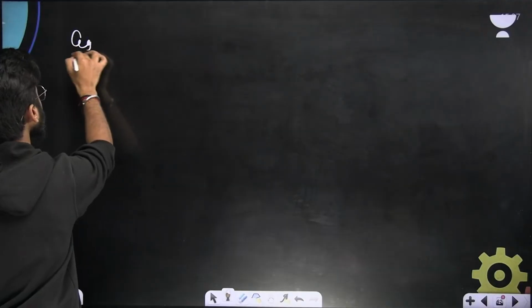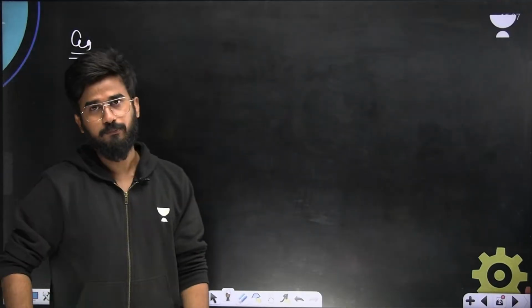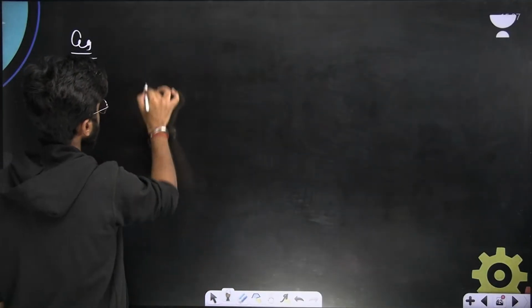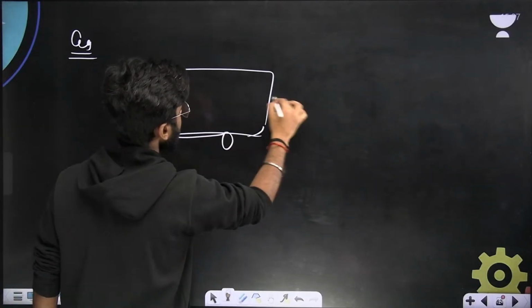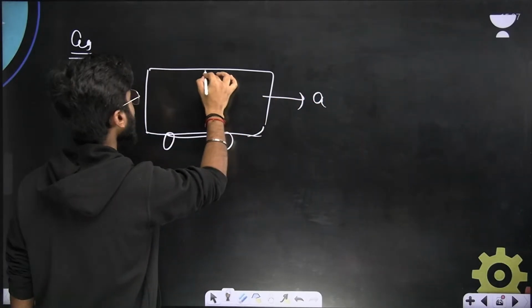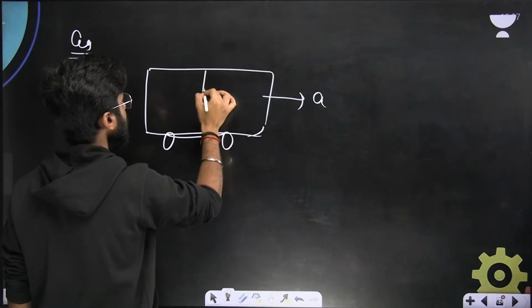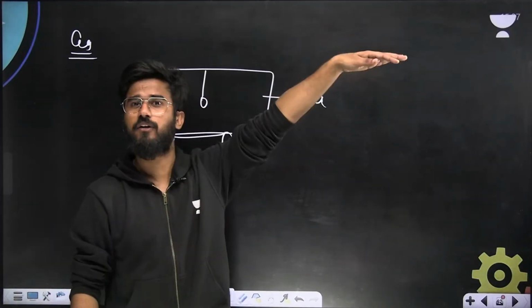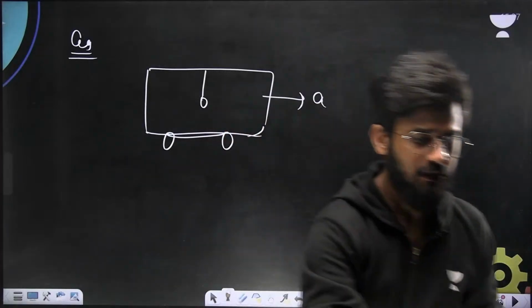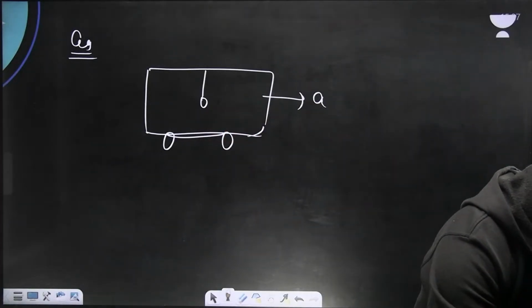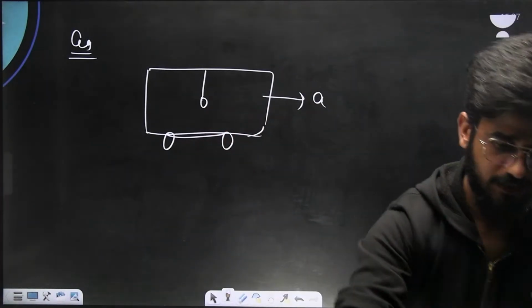Suppose there is a cart, or a bus, which is moving in this direction with acceleration A, and there is a pendulum attached with a string to the ceiling of the bus. Let me demonstrate it to you.